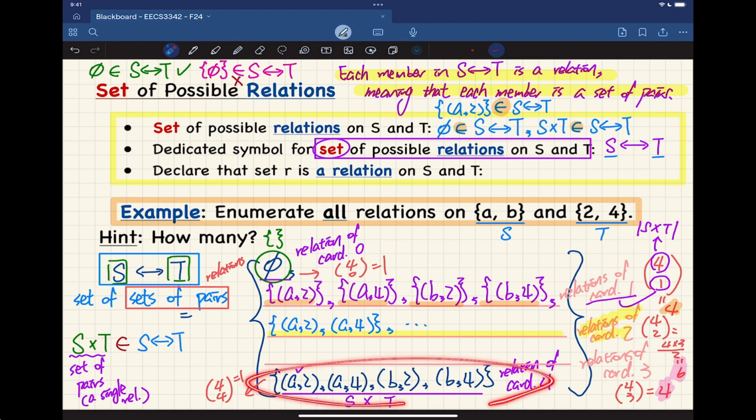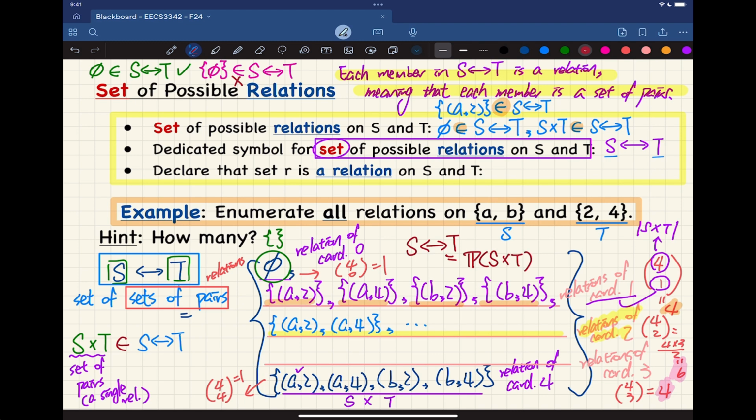Think about it, right? So the final conclusion for this page. Whenever I say S relation T, it's synonymous. It has the same meaning as, you can say, equal to the power set of S cross product T. That's a very important equality for you to know.